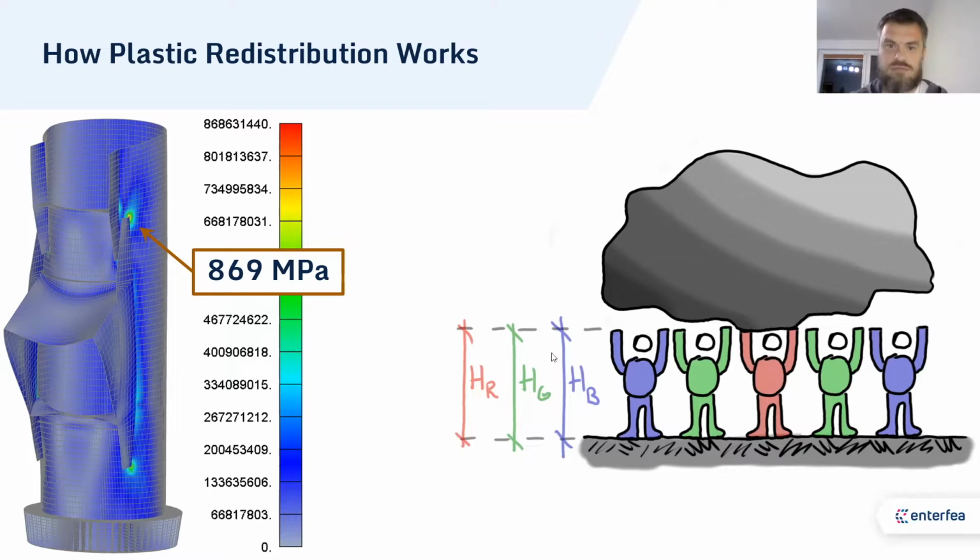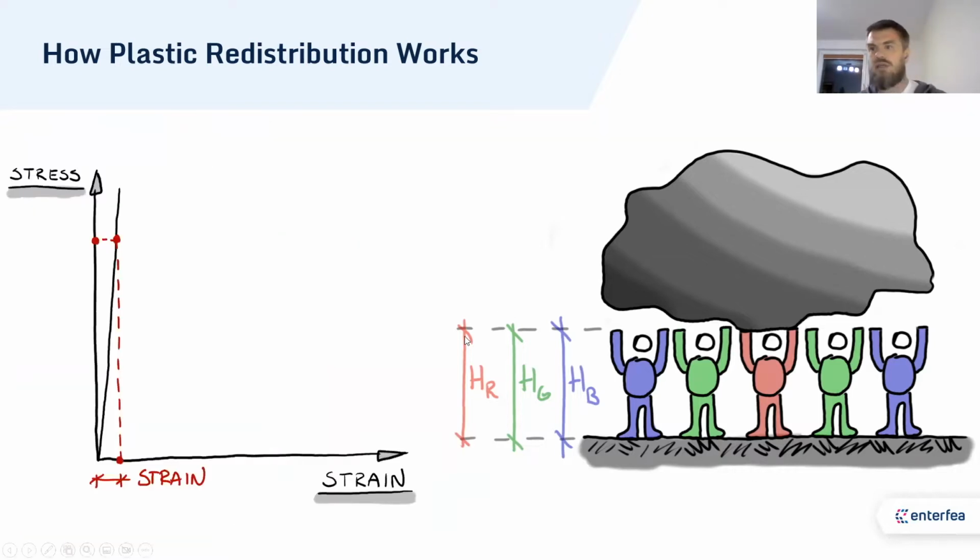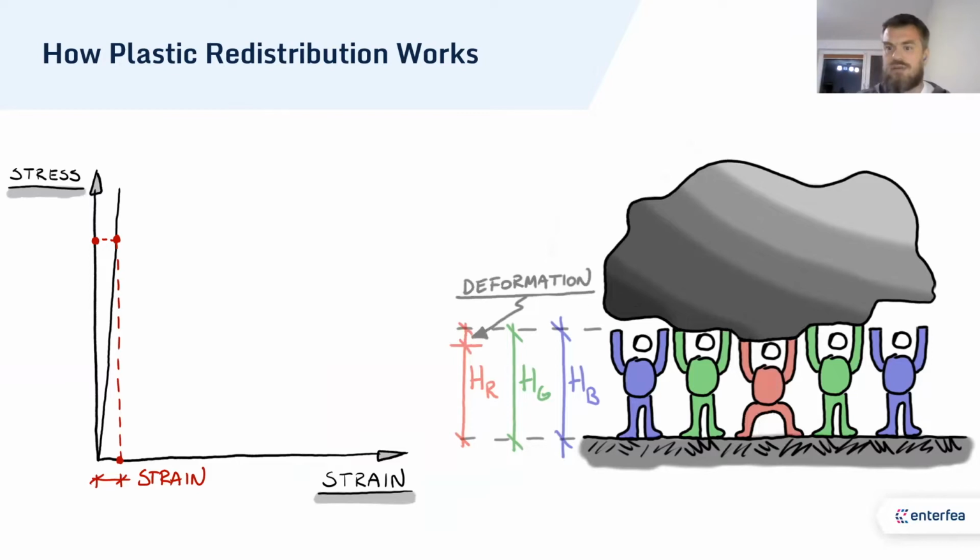And this single guy tries to essentially carry all this weight by himself. And in the linear realm, that's really simple. You define the relation between stress and strain, the Young modulus, right? And if you have significant strain, you will get significant stress. That's very simple. But also under this load, there will be some deformation, right? And these deformations mean that our red guy goes a bit down, asking the green guys to help him, right?